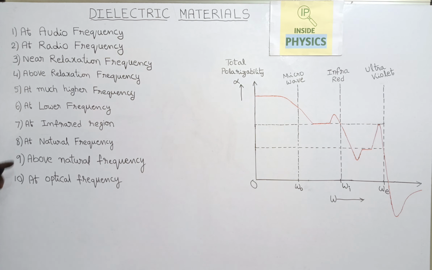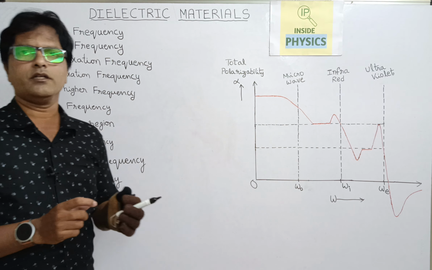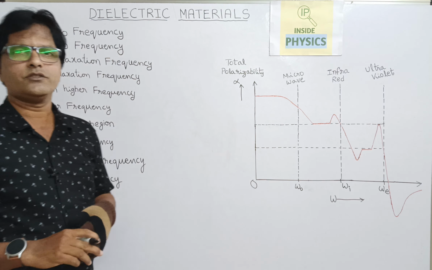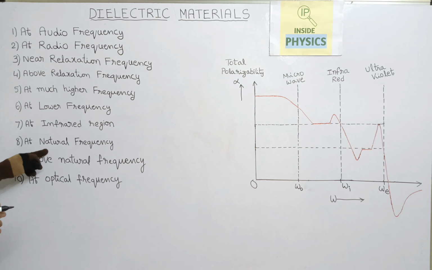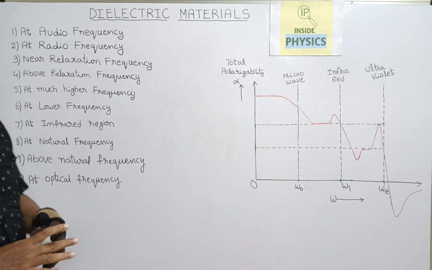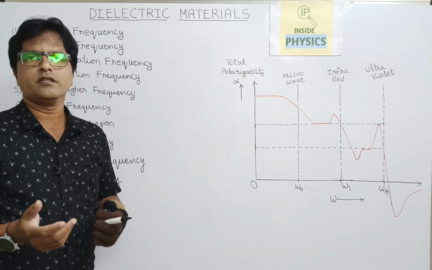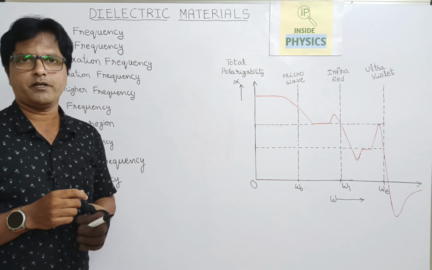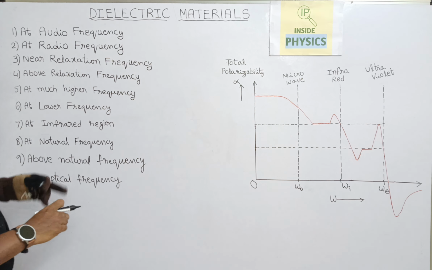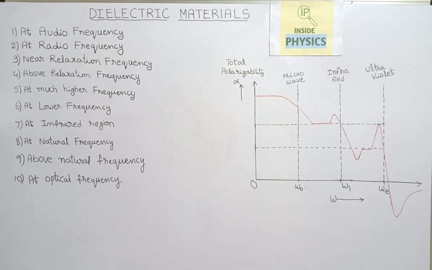Here, next one, at natural frequencies, every dipole or atom or molecule has a natural frequency. See, every object, every particle in the universe and the constituent subatomic particles has a natural frequency. So the natural frequencies also have some effect on the applied frequency.